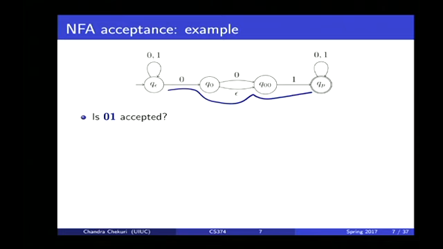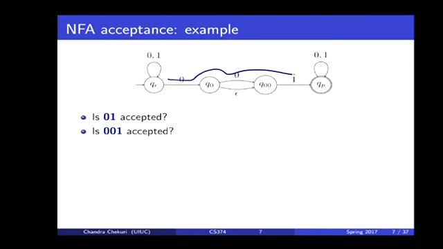This is a potential walk in the graph, and let's write down the walk. 0, epsilon, 1. And what is the string? This is just 0, 1, and it went to an accepting state. Alright, what about 0, 0, 1? 0, 0, 1, and I get to an accepting state, right?